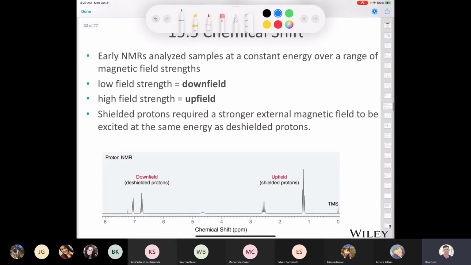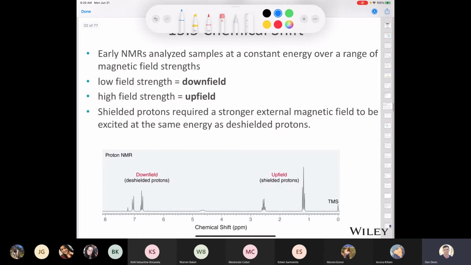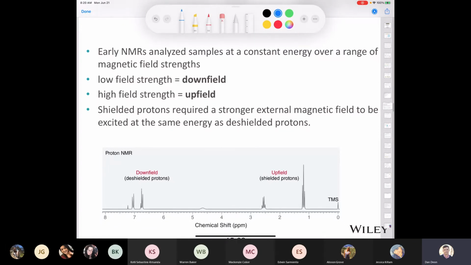So a little bit of history here. Early nuclear magnetic resonance spectrometers, early NMRs, analyzed samples at a constant energy over a range of magnetic field strengths. So what they did is they held the frequency of electromagnetic radiation constant, and they changed the magnetic field.